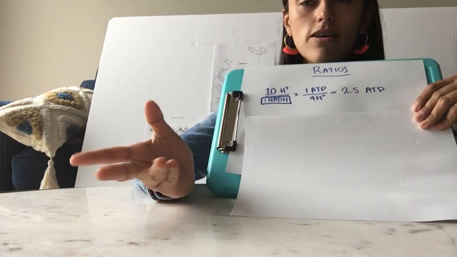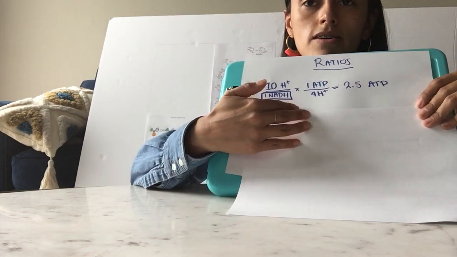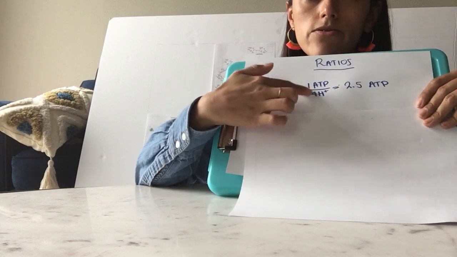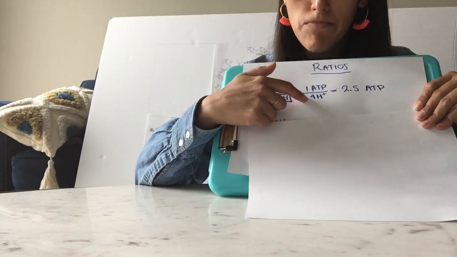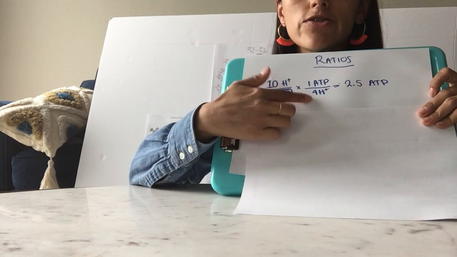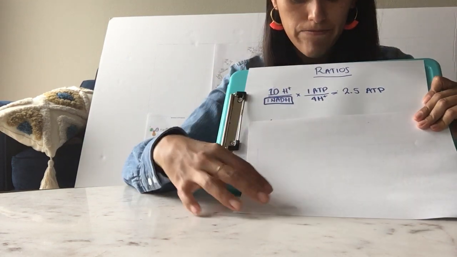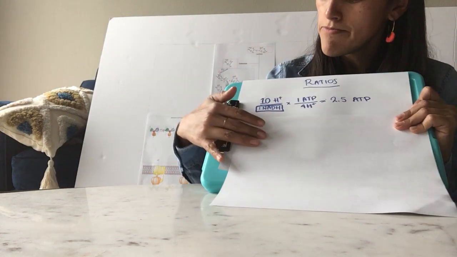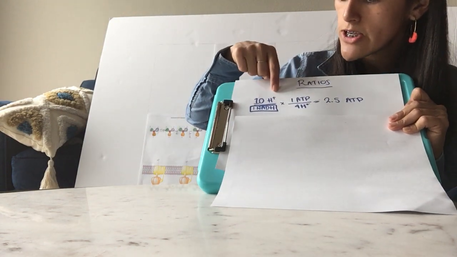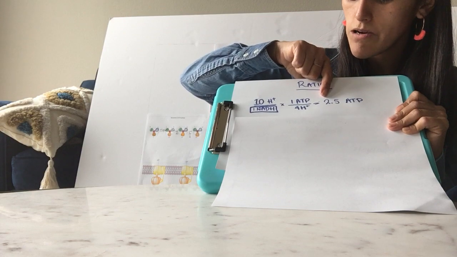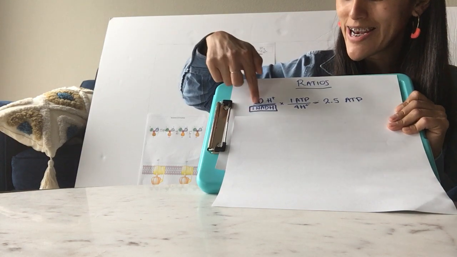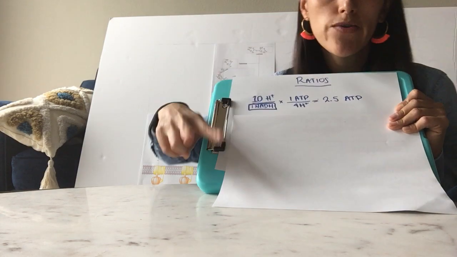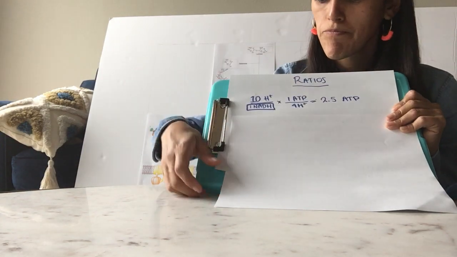Basically researchers are still thinking that one ATP requires 4 hydrogen protons, or ions. So here we do the ratio, and this one NADH will give us 2.5 ATPs.